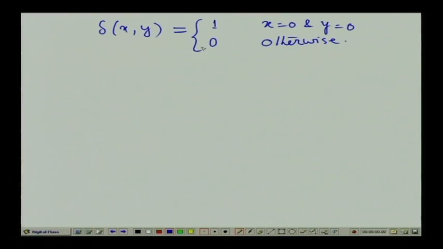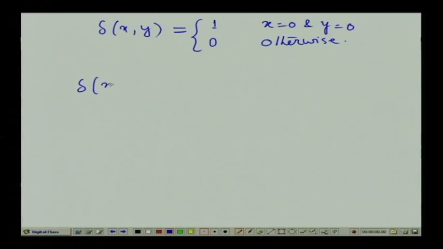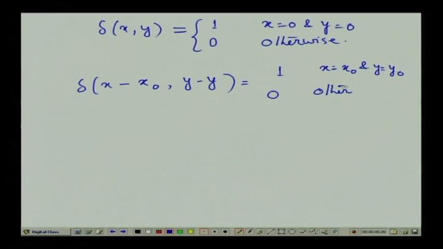So, this is the definition of a delta function that we have already used, and we can use a shifted version of this delta function, that is delta x minus x naught and y minus y naught will be equal to 1 if x equal to x naught and y equal to y naught, and it will be 0 otherwise.